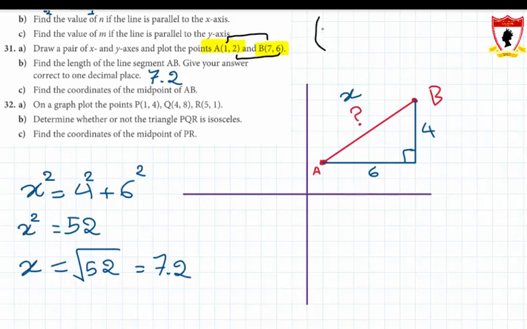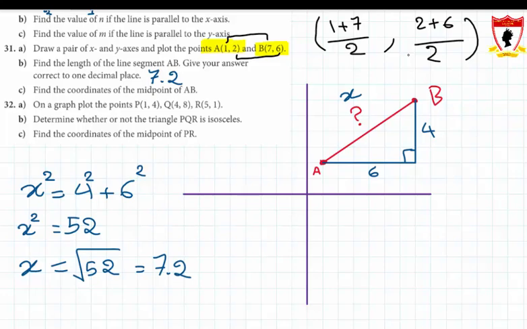Here, 1 plus 7 over 2 is the x coordinate. It's the x coordinate for the point which is halfway between A and B. And the y is 2 plus 6 over 2. To find the midpoint, which means halfway, we always add the x's together and the y's together of the points and then divide each result by 2.